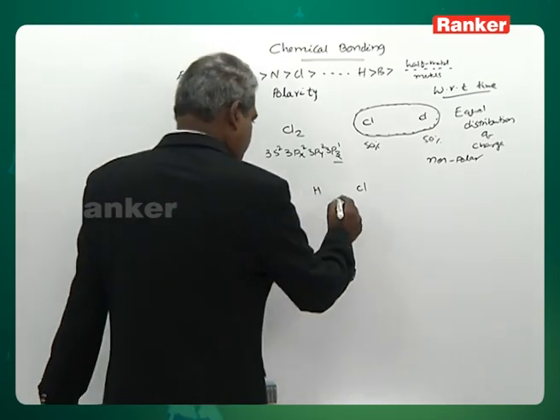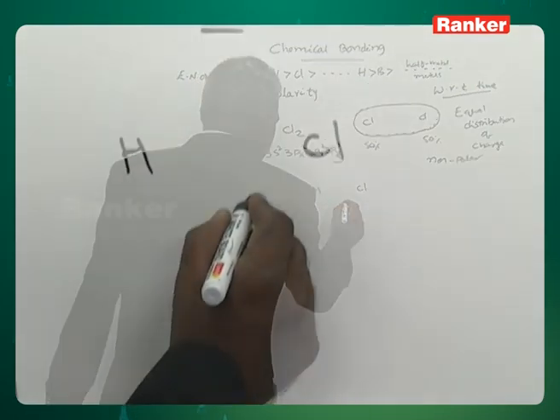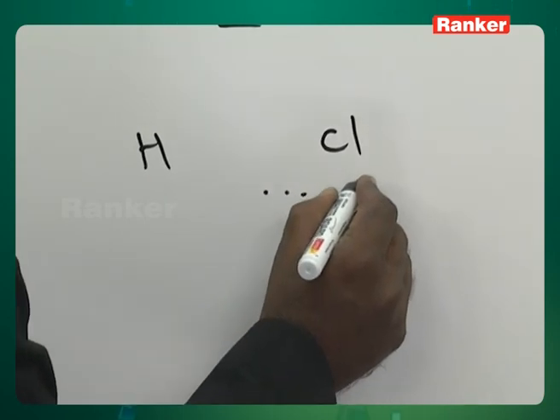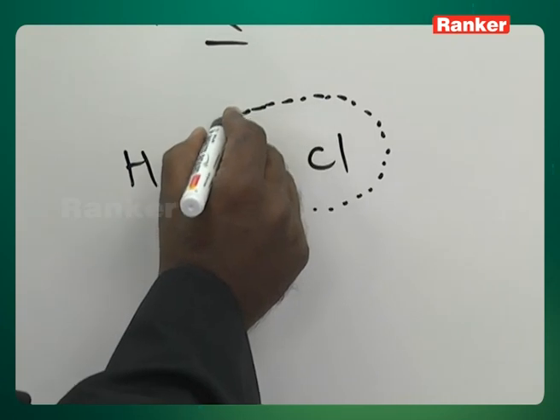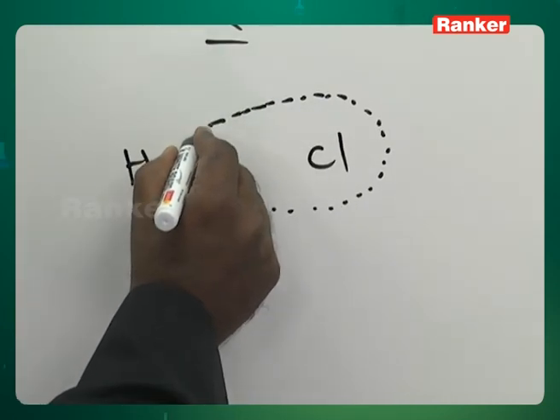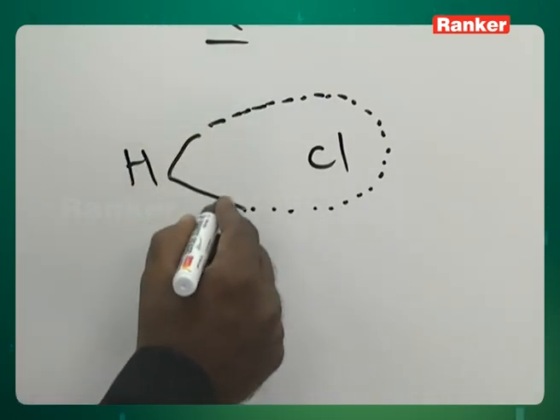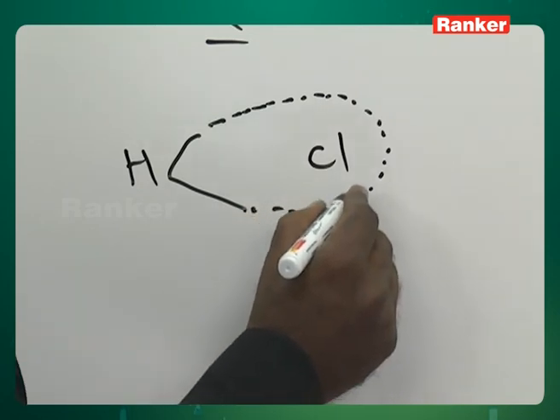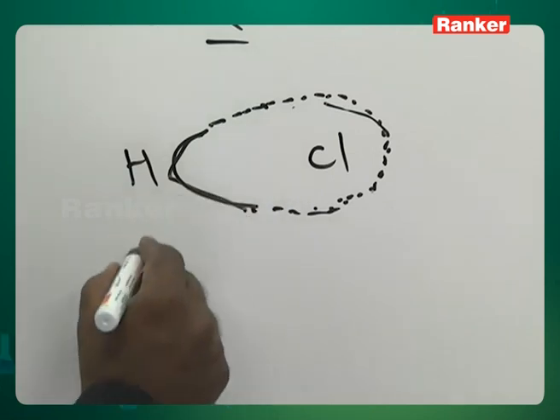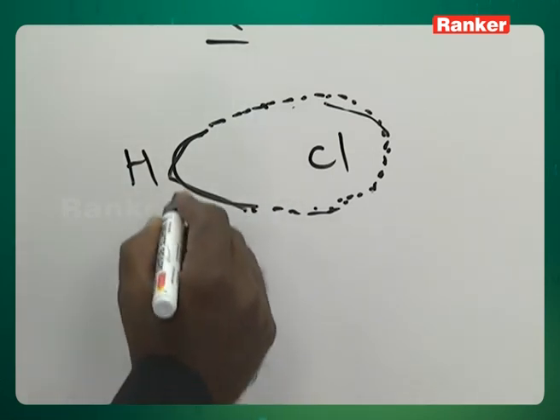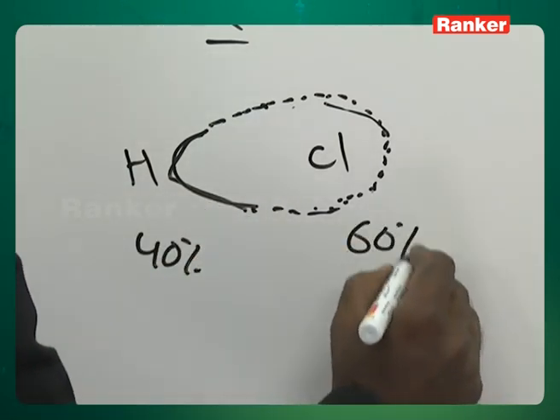And observe the movement of my hand. Look here. Electrons are moving rather slowly, and when they reach hydrogen they come back quickly. So, they are moving slowly here, and when they are going to hydrogen, you can say they are spending 40% of the time here, 60% of the time there.